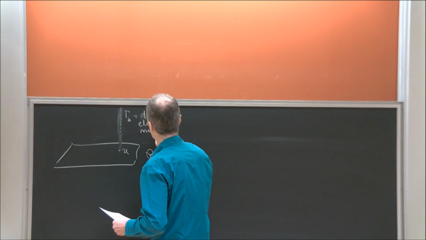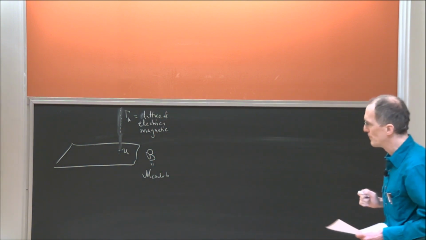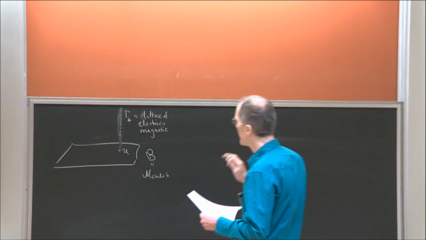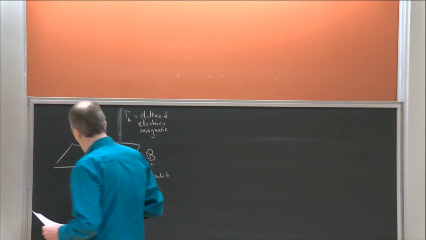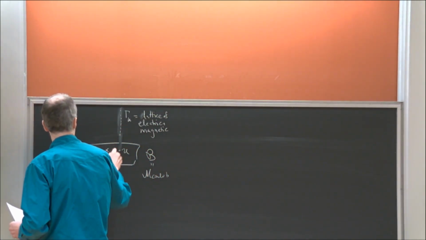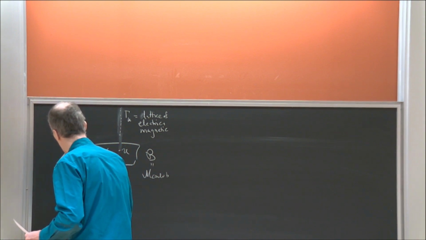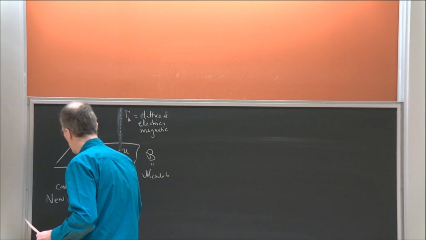Now, there's no invariant distinction between electric and magnetic charges because of duality, but we could make a choice, and then we have a lattice of electric and magnetic charges. And then there are points on this, well, not points, but codimension 2 subvarieties, where there are new massless BPS states.